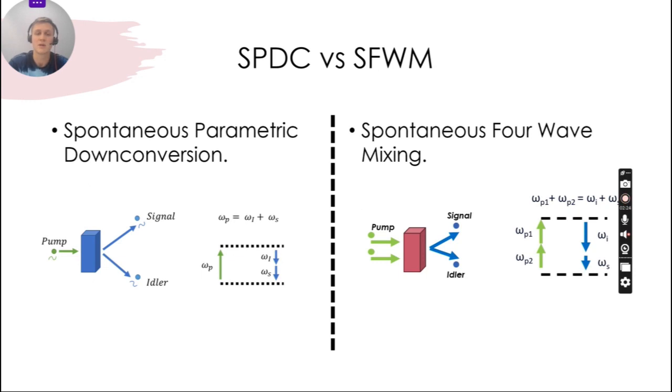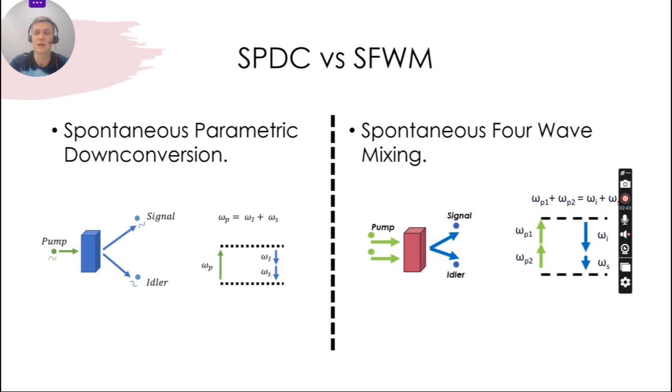Quickly, the most basic difference between SPDC and four-wave mixing is that spontaneous parametric down conversion, on the left, has a single input pump photon which splits into two photons, a signal and idler photon, generally of the same frequency.